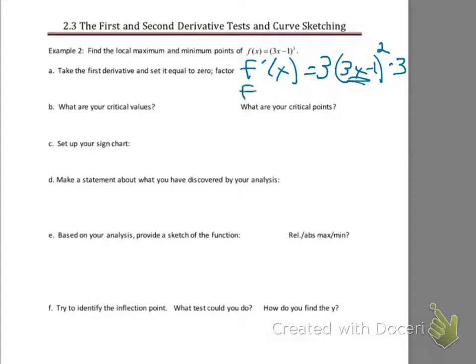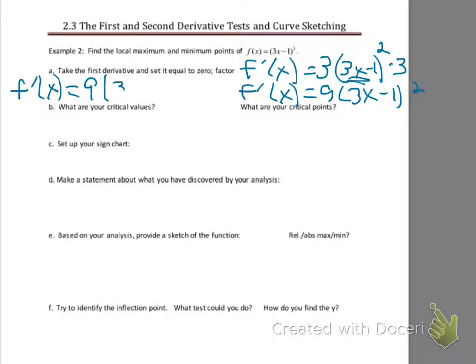So my derivative equals 9 times 3x minus 1 squared. Okay, over here now I'm going to go ahead and factor that. So f prime of x equals 9 times 3x minus 1 times another 3x minus 1.